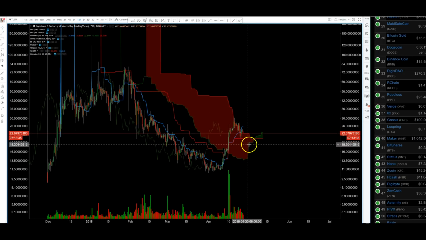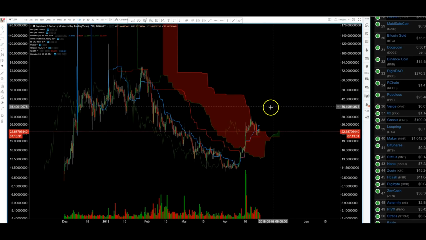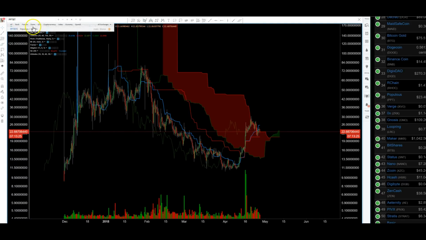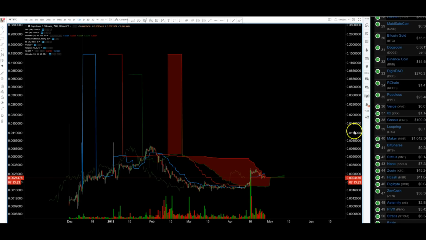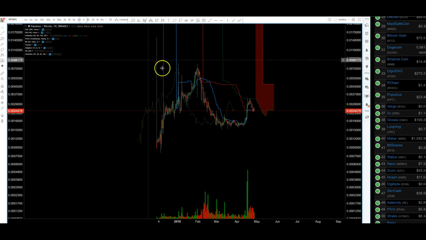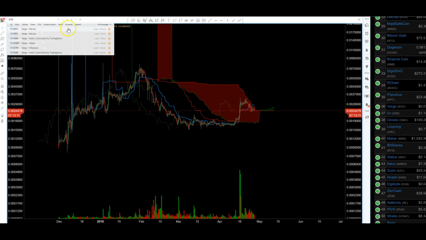Cloud looks pretty good. It's above the cloud, bullish cloud, so that's a confirmed reversal breakout on PPT USD. Nothing I want to touch at the moment, and the BTC pair looks pretty good. Just not enough data. I don't trade on Binance, I never will. You can get at me in the comments for that.